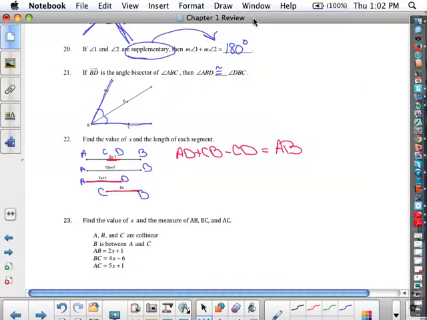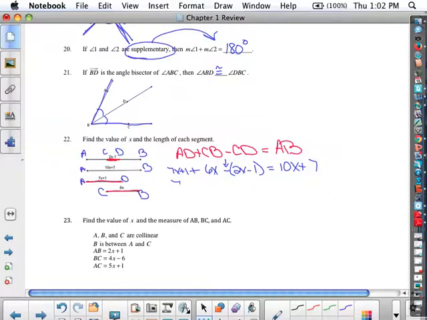AD is 7x plus 1. CB is 6x. CD, in parentheses, is 2x minus 1. And AB is 10x plus 7. So now, remember to put this in parentheses because you are subtracting that quantity and you have to distribute that negative sign inside those parentheses.